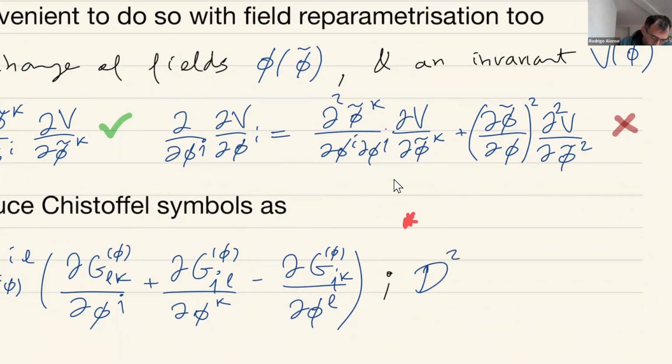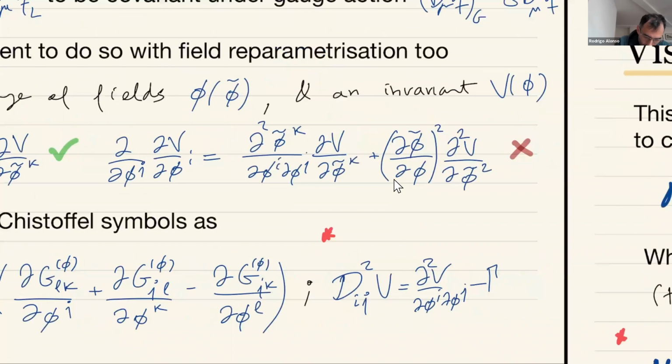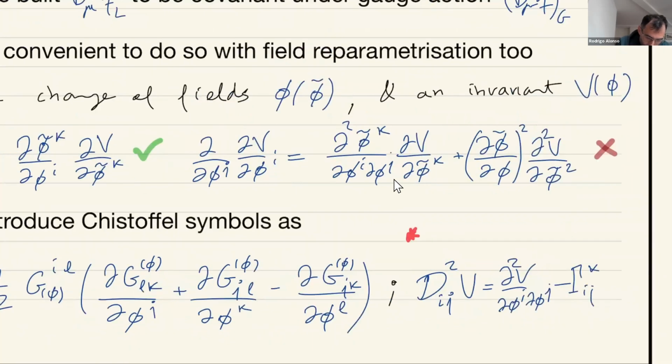If it acts on V with two indices i and j, this will be the second derivative of V with respect to phi i, phi j, but also the connection Gamma k i j contracted with the derivative of the field.